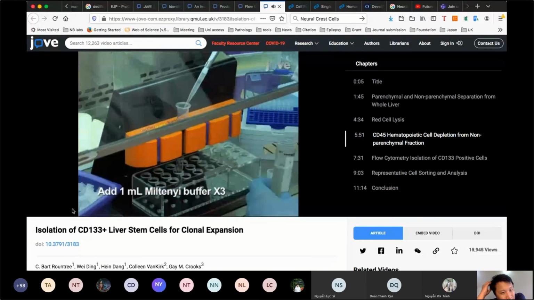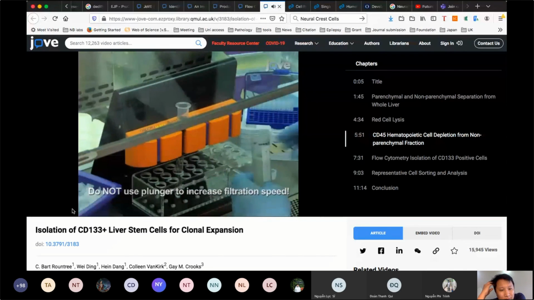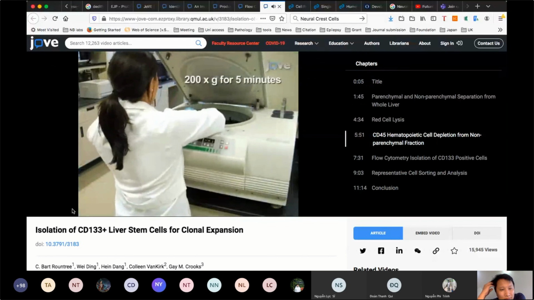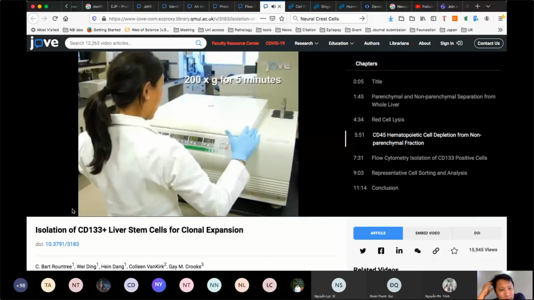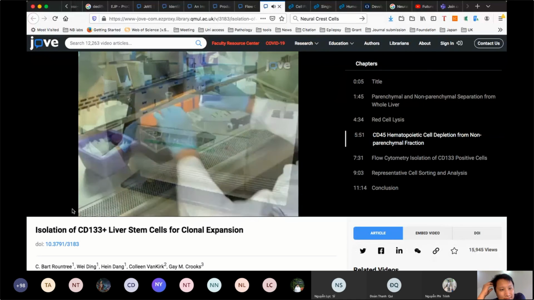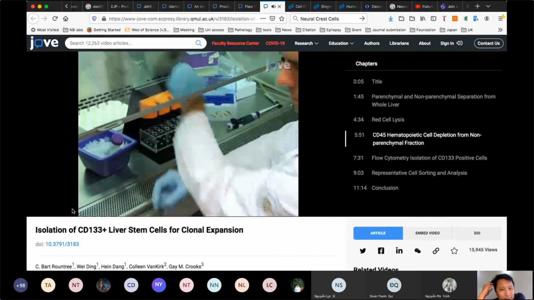Perform this wash 2 more times. Do not use the plunger provided with the column to increase the speed of filtration. Once all of the washes have been performed, centrifuge the collected filtrate of CD45 depleted non-parenchymal cells at 200 times G for 5 minutes. Discard the column with the retained CD45 positive cells.